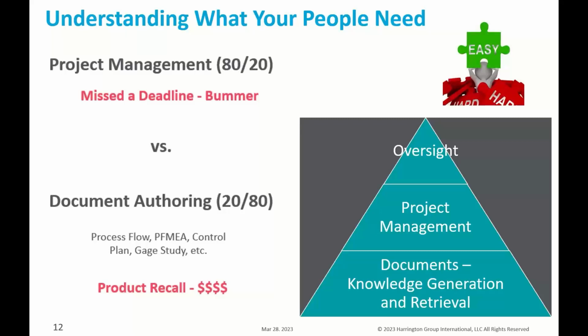Then there's a project management layer. And a lot of people think that PPAP is just project management, but it's not. And then there's these people that are doing documents where they create the knowledge and they need to author them and retrieve them.